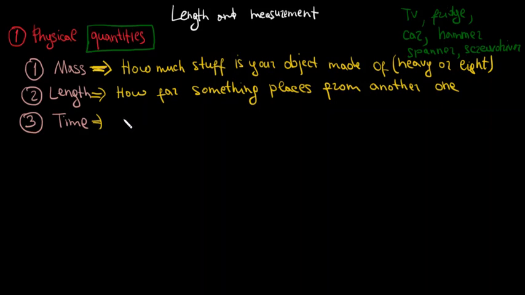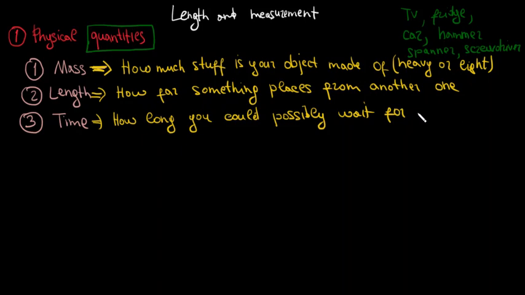So time is another very specific tool. We use it a lot, and we're going to use it a lot in physics. Time stands for, for example, when you ask your friend, how long should I wait for you here at this specific place for you to come? So you call it how long you could possibly wait for the result of something, or for something to happen.